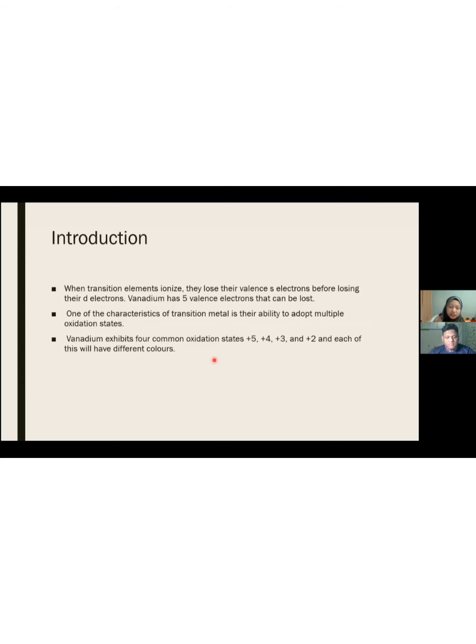One of the characteristics of transition metals is their ability to adopt multiple oxidation states. Vanadium exhibits 4 common oxidation states, which are +5, +4, +3, and +2. Each of these has a different color.